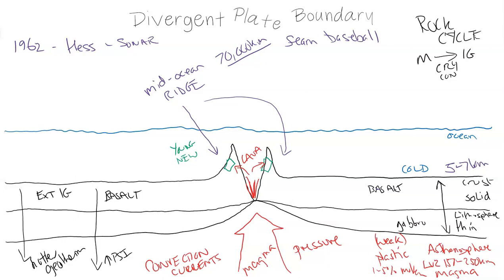And then with Hess finding the ridge and the lava, the convection currents, the upwelling of magma was now more substantial. And what happens is some of the magma goes up and creates lava. The rest of the magma, because it's hitting a solid ceiling in the crust, is being forced away from the ridge.